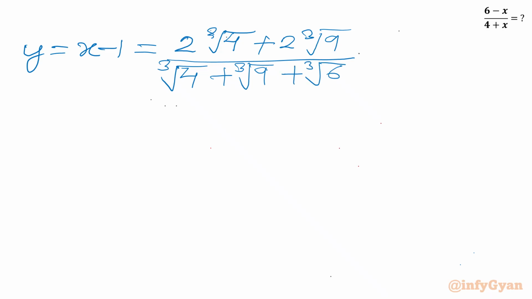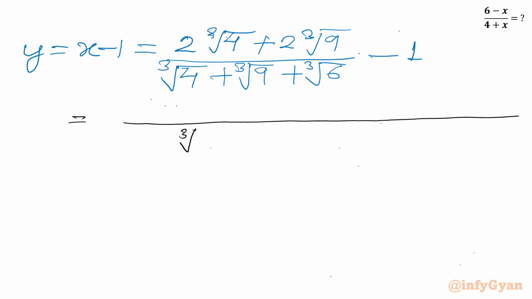This is our x. Then we have to subtract 1. Now I will take the LCM. So I will write the common denominator cube root 4 plus cube root 9 plus cube root 6.